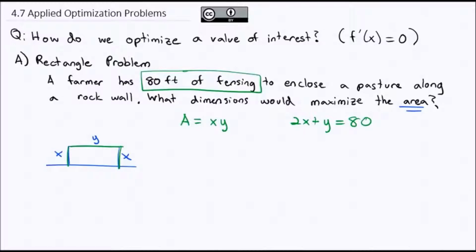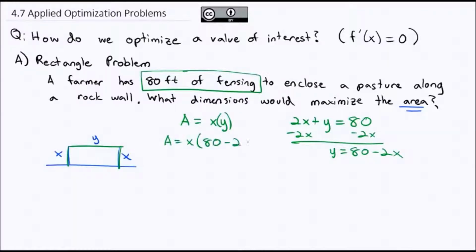Well, the easiest variable to solve for here would probably be y, so we'll subtract 2x, and we'll say that y is equal to 80 minus 2x, and we'll replace the y in our area formula with 80 minus 2x. To make life easier, we'll go ahead and distribute, so area is equal to 80x minus 2x squared.